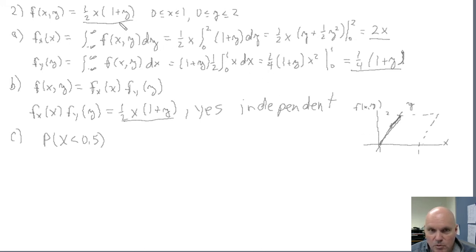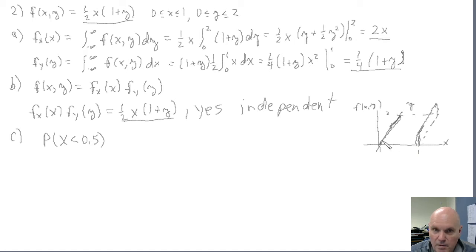At x equal to 1, it's going to be 1/2 of (1 plus y). So for y equal to 0, it has a height of 1/2, and then it's going to increase until y is equal to 2, where it would be 3/2. So if you visualize that surface, along this line, it's going to increase linearly.